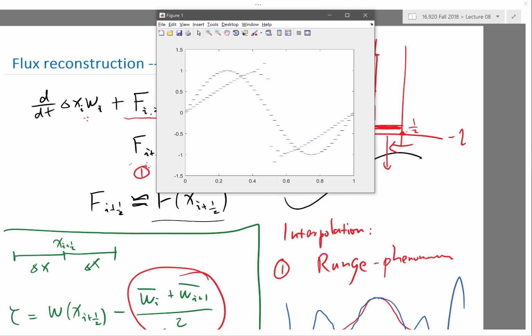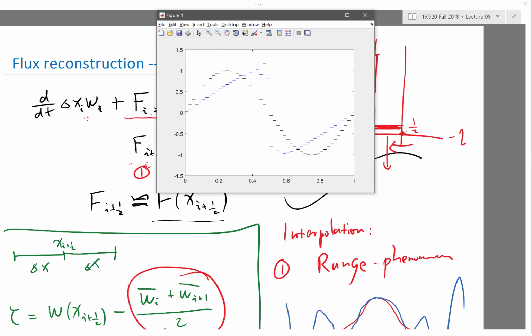When you see oscillations like this, it's very similar to the Gibbs phenomenon. If you have looked into Fourier analysis, you can write down the Fourier series of a Heaviside function, a function that has a discontinuity and is otherwise constant.